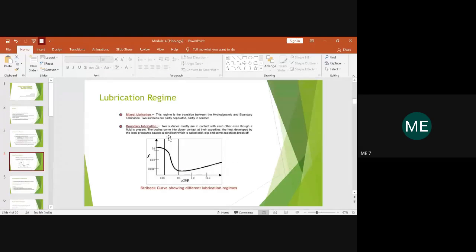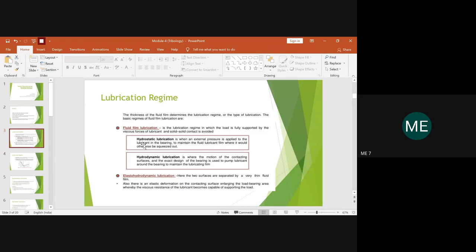This is a wide area of classification, just for your reference as a prerequisite. In that, we are focusing on hydrostatic lubrication, which falls under fluid film lubrication, so it mainly depends on the thickness of the fluid film we are using.